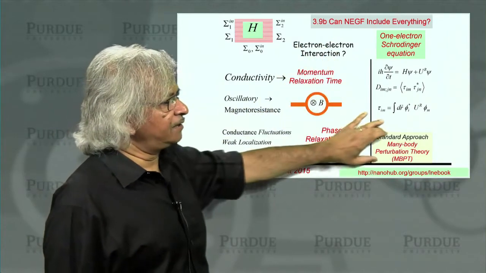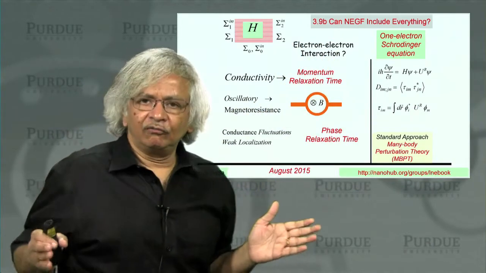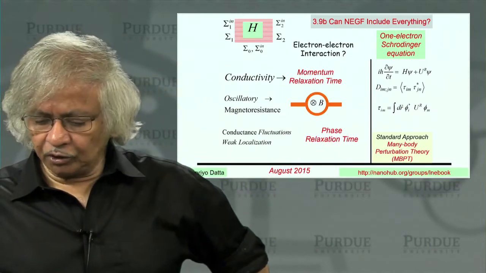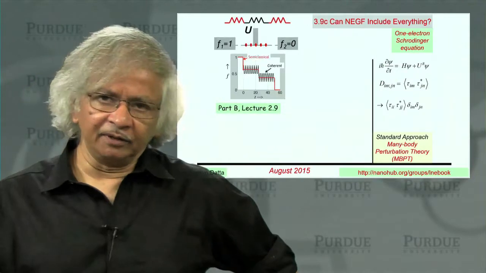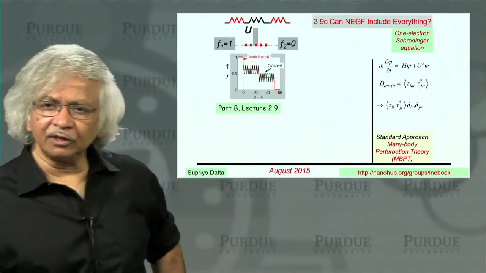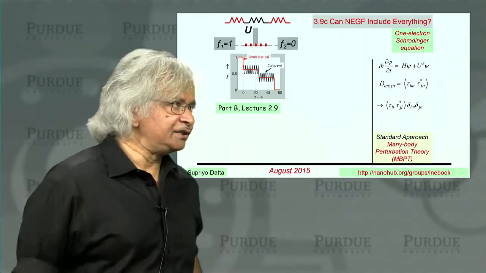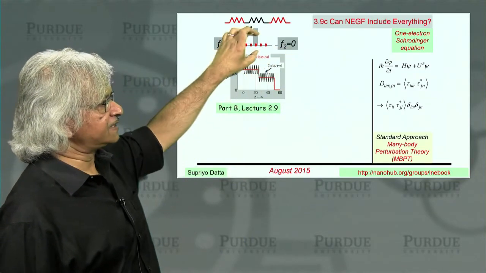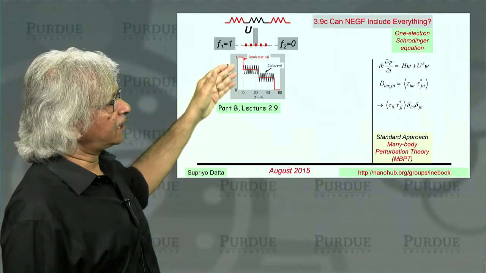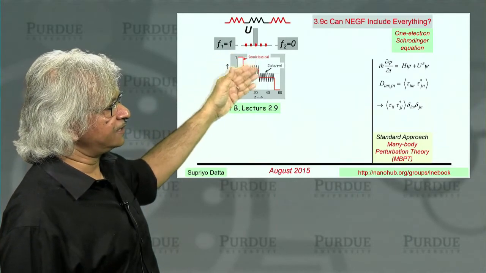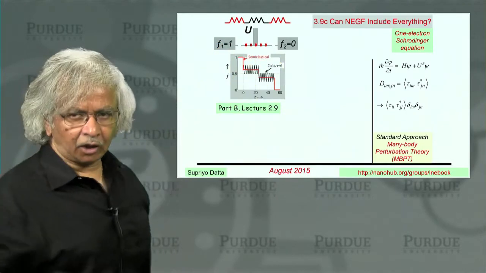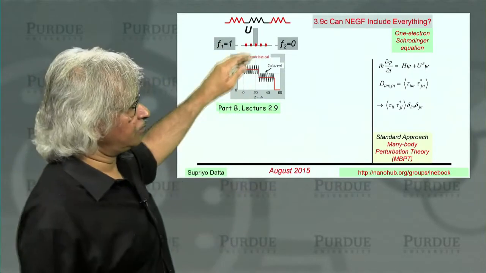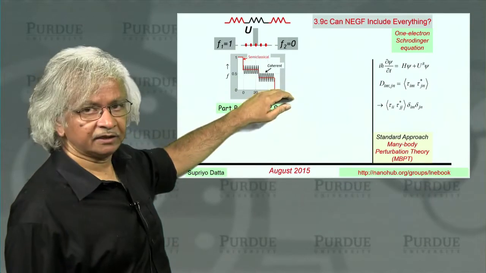As I mentioned again, many-body theory gives you a formal way of doing it, except that it's fairly complicated. Now what you could do though is adopt a phenomenological approach, and that's something we already discussed in Unit 2. Just want to remind you that if you consider a 1D wire with a scatterer in the middle, and you look at how the occupation of states varies inside the channel, that occupation is kind of like the electrochemical potential, so basically it tells you how the voltage drops across the channel.